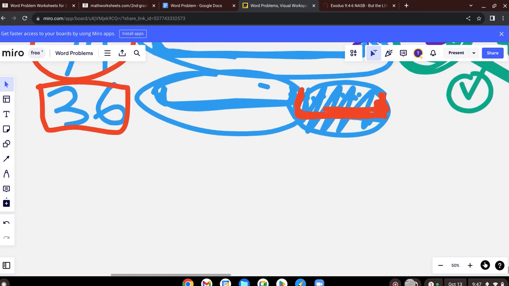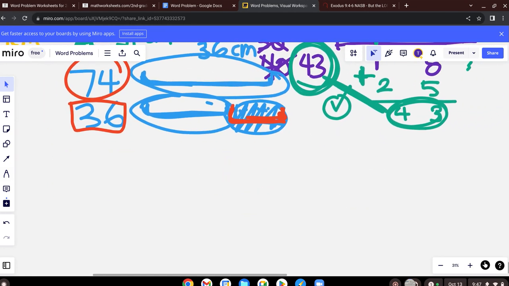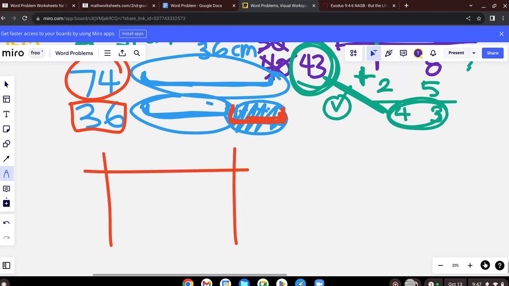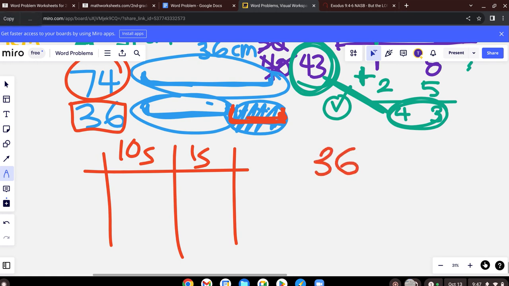Because that is the way that your teachers have been teaching you. So this is the ones and this is the tens. You are starting with what number? 36. So how many ones do you need to count up to get to 74?